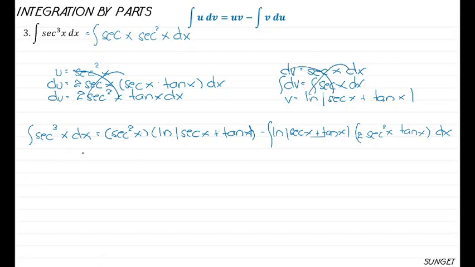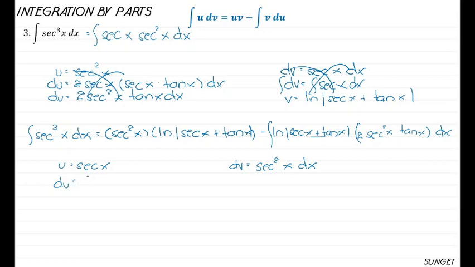So we're going to use u is equal to secant x and dv as secant squared x dx. So for the u part, differentiate.